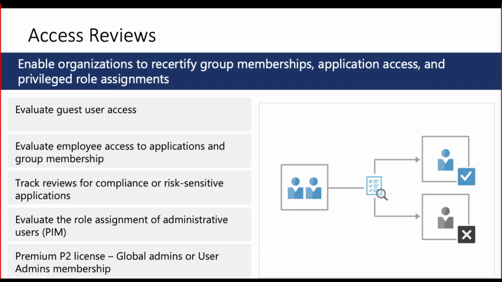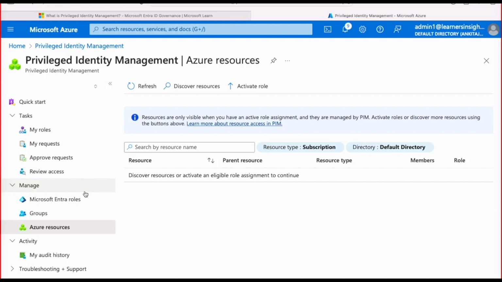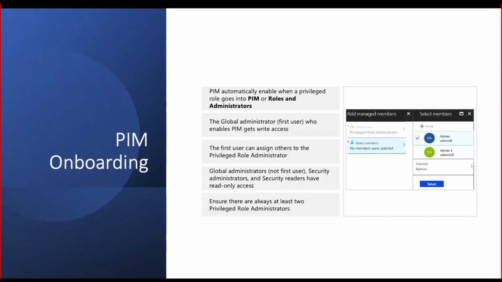So if you see access review in the portal, you have the option that you can go to Privileged Identity Management, click on that. And for the access reviews, the administrator has the right to enable the PIM, right? You can activate it for the privileged roles and make sure that there are at least two privileged role administrators when you are working with PIM.